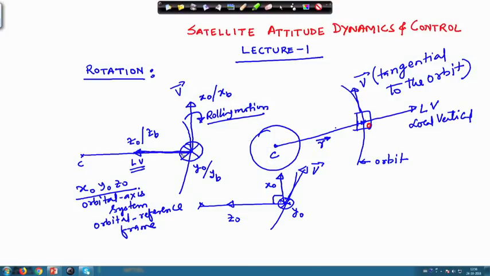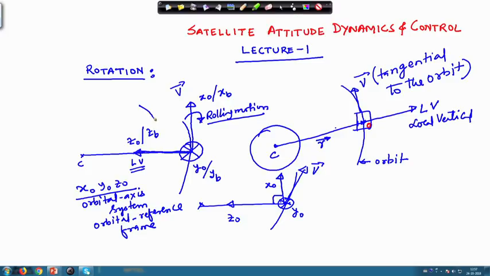Now, if I rotate this aircraft, the perpendicular to this, the z axis, will rotate from this place to this place. This was the original position, now it has gone into this. In the case of this satellite, if I assume z to be here and x0 is already here, obviously the x, y and z body axes are coinciding with the orbital axes.